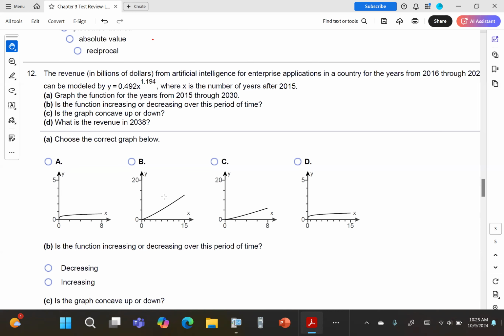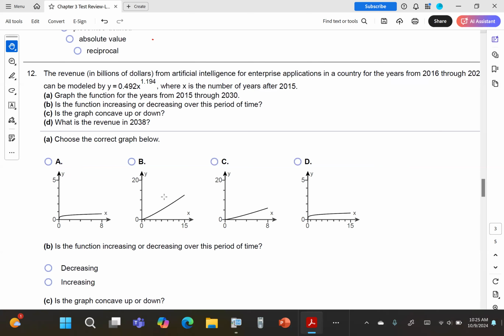Graph the function for the years from 2015 through 2030. Is the function increasing or decreasing? Is it concave up or concave down? And I think that's it. Oh, according to the model, the revenue in 2038 will be about how many billion?